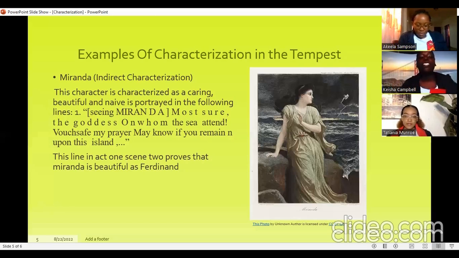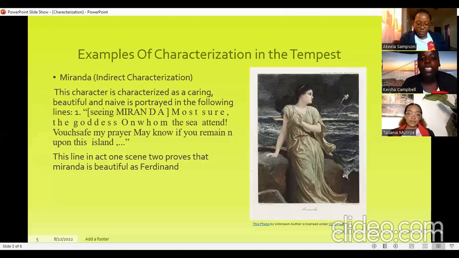That is how we figure out direct characterization. Indirect characterization is where we read between the lines to find it. Do you all understand before I go on?